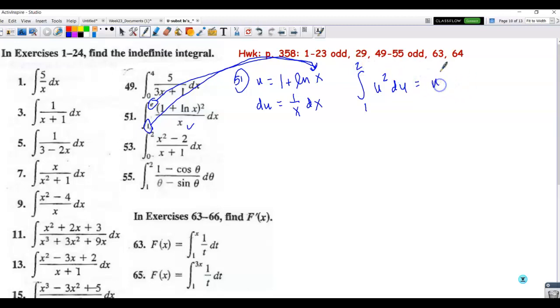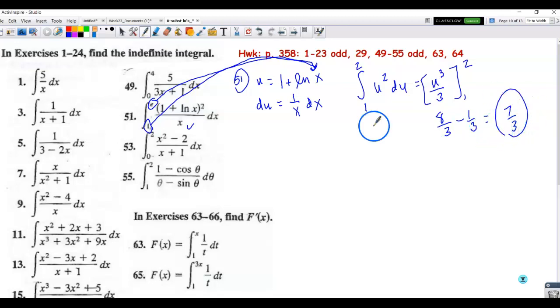I'm going to anti-differentiate, and that becomes u cubed over 3 from 1 to 2. Substitute the upper bound. 2 cubed is 8 over 3. That's the upper bound. Substitute 1. That's the lower bound, 1/3. And 8/3 minus 1/3 is 7/3. Number 51.